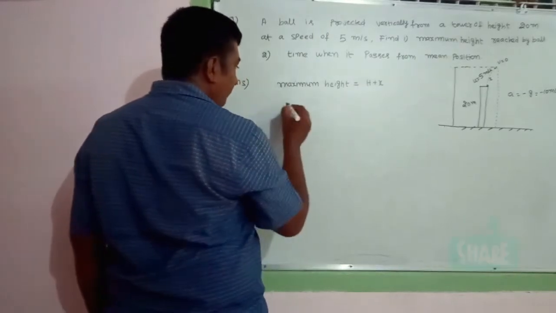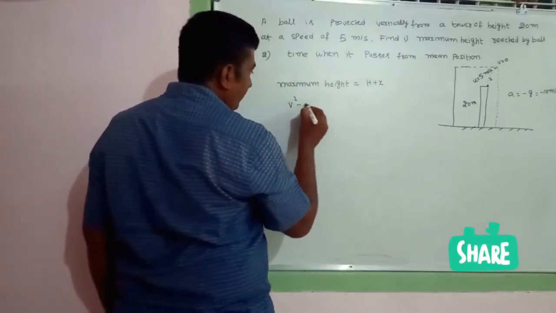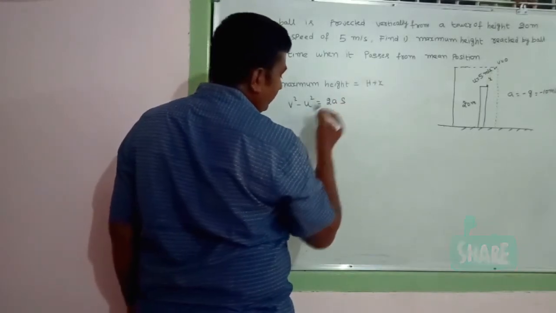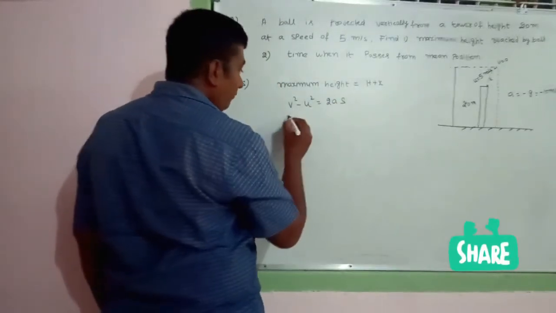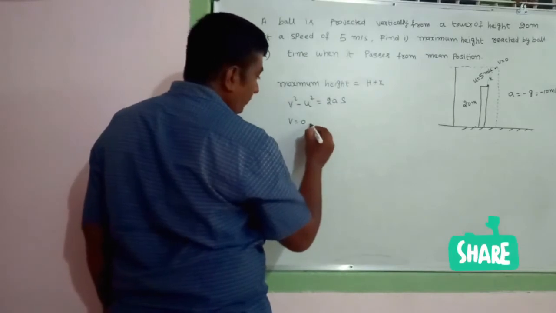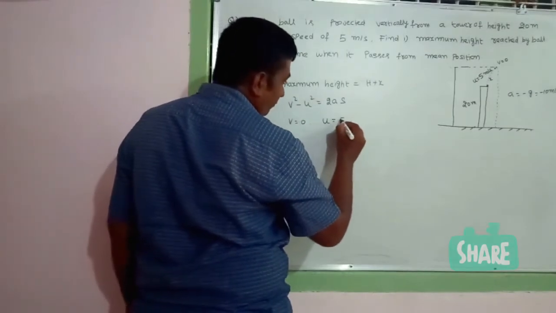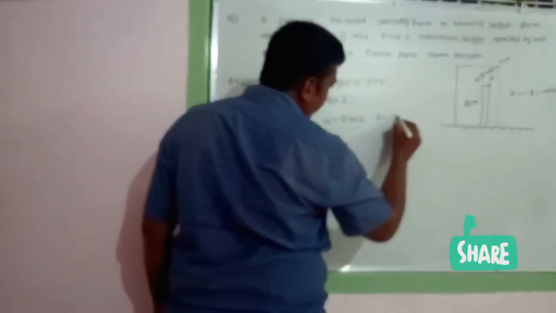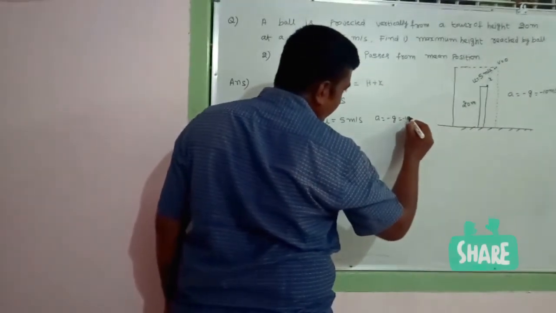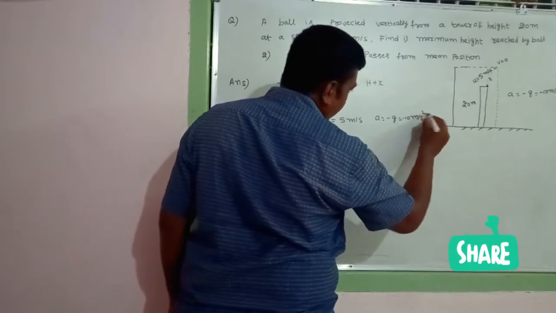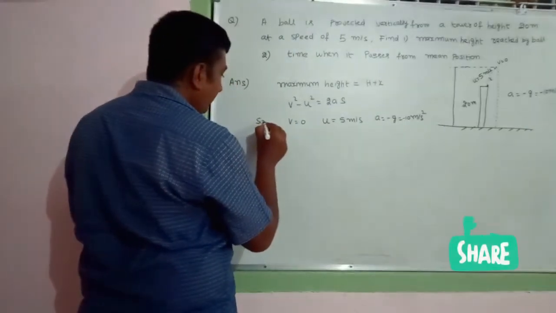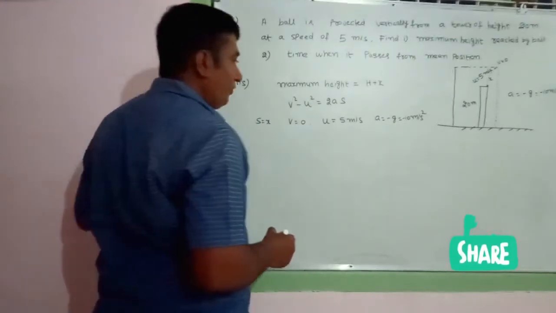With the help of the kinematic equation, v square minus u square equals 2as. Here the final velocity is 0, the initial velocity u is 5 meters per second, and a is equal to minus g, which is minus 10 meters per second square. The s value is x, which we are going to find.